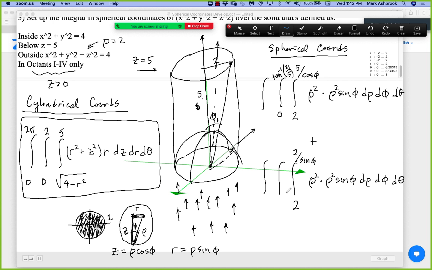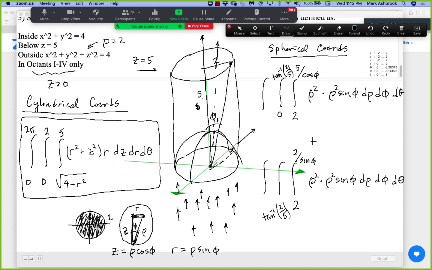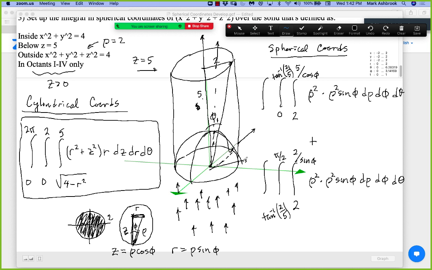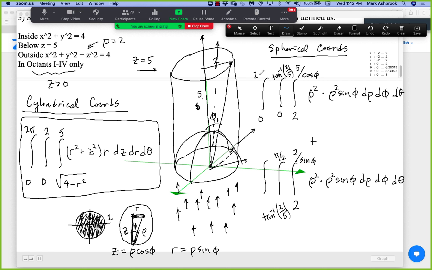And then starting at that angle, tangent inverse of 2/5, all the way down to what angle? Is it pi over 2? Yeah, pi over 2. All the way to pi over 2, we exit out of the cylinder, r equals 2. Here's the rho corresponding to r equals 2. And then all this from 0 to 2 pi for theta.